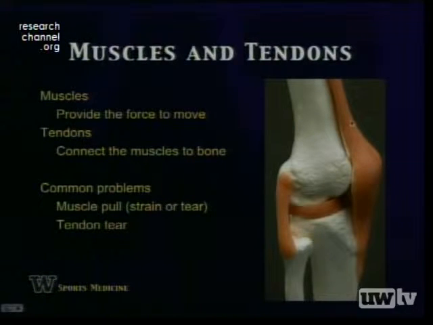On my diagram here, a good example of the muscles and tendons is the big thigh muscles, the four muscles of the quadriceps attached to the quadriceps tendon, which is attached to the patella, or the kneecap.